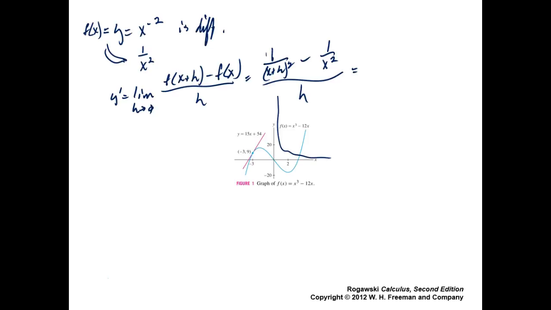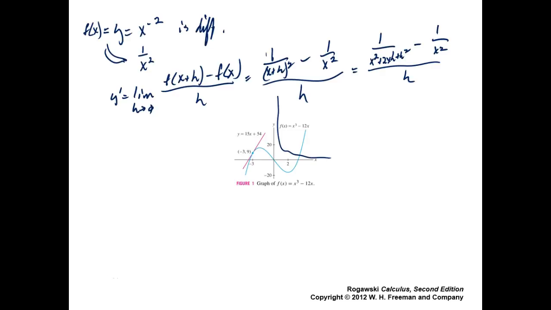Yeah, we do. So that's going to have to be 1 over x squared plus 2xh plus h squared, minus, right?